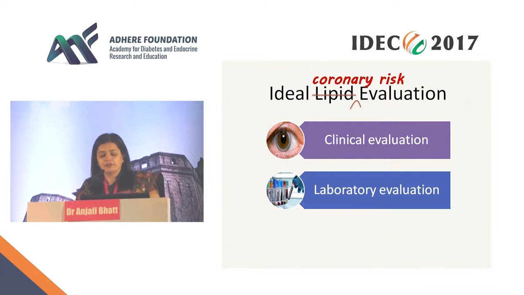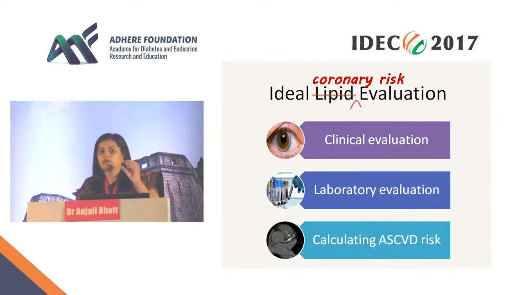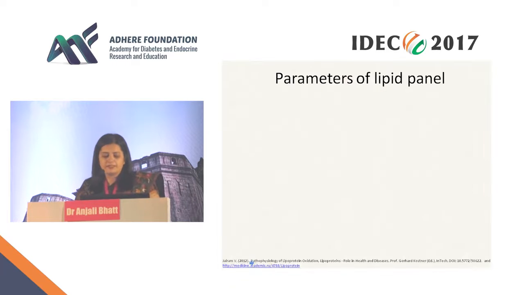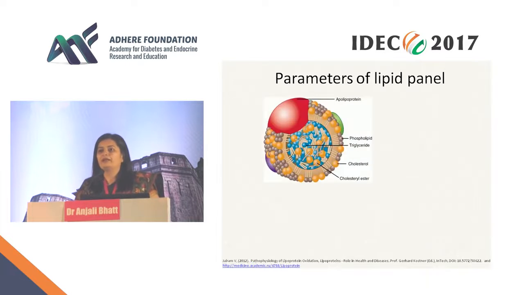Second is laboratory evaluation, which is the most important focus of today's presentation. When it comes to the parameters of the lipid panel, again looking into the theme of the presentation, minimal, ideal, and complete. Before going to the actual laboratory evaluation, I would like to spare a couple of minutes to understand what these lipids are, a little biochemical basis of these lipid evaluations.